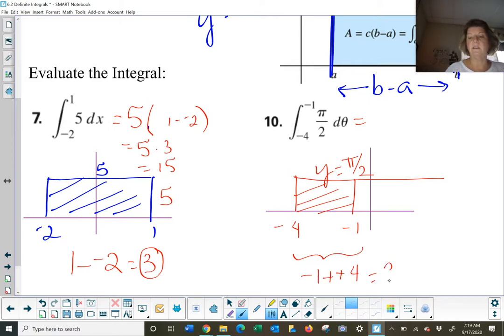Looks like the distance is 3 units, and it's pi over 2 high. So height times width, b minus a, says that we've got pi over 2 times 3, or 3 pi over 2.